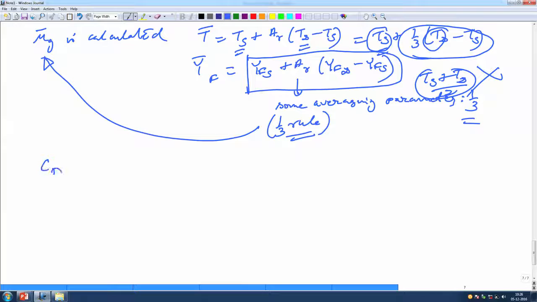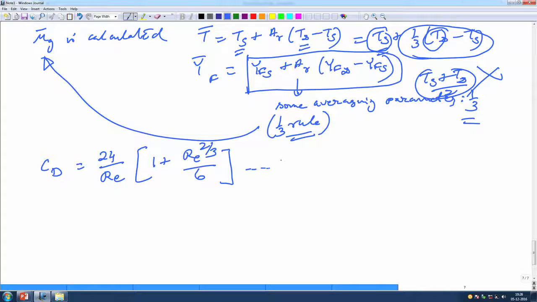The CD, looking now at the variation of CD, because CD we said is a function of Reynolds number. So that is given by 24 by Re, okay, times (1 plus Re to the power of 2/3 by 6).